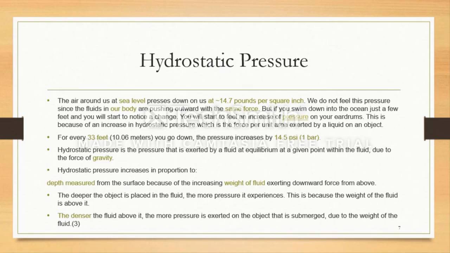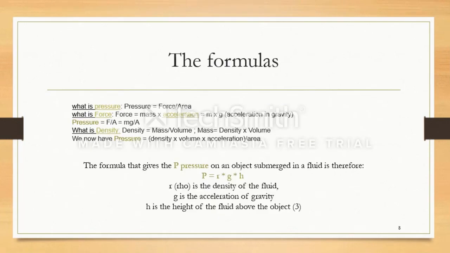And how can we calculate this hydrostatic pressure? To calculate it, we first need the parameters rho, g, and h. G is the acceleration of gravity, which everybody knows. H is the height of the fluid above the object, which you can measure.